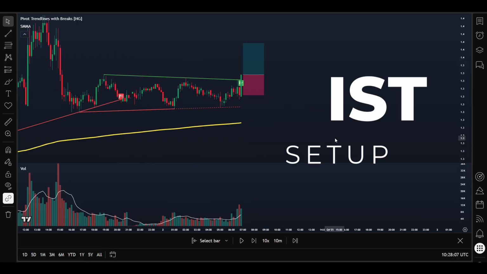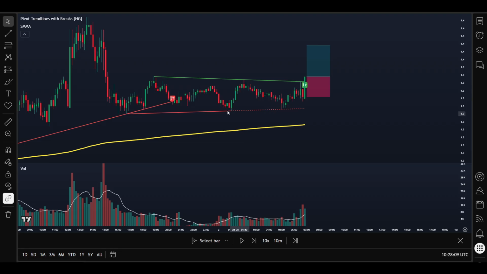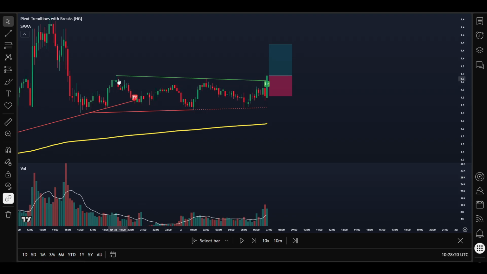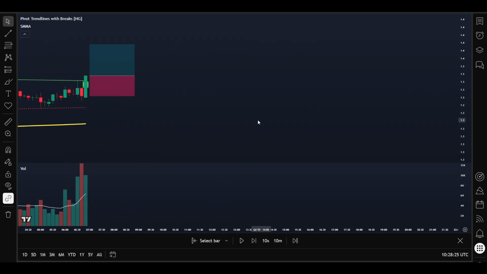Long setup checklist. First, regime. Price is trading above the yellow 200 smoothed MA. Buyers control the bigger picture. Second, structure. A green bearish trend line is active and price breaks and closes above it. The bar is labeled BR.